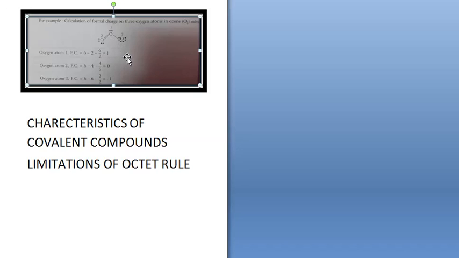So the total becomes minus 1. Alright. So this becomes a neutral molecule, because one oxygen has plus 1 charge, another oxygen has minus 1 charge, and the third oxygen has 0 charge. So ozone is neutral.